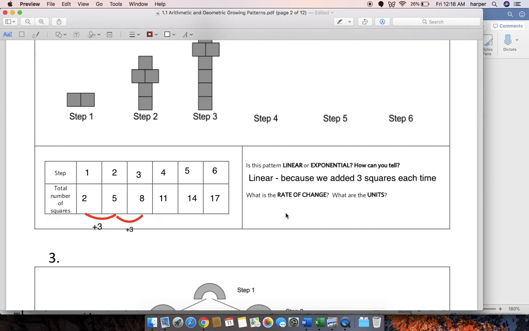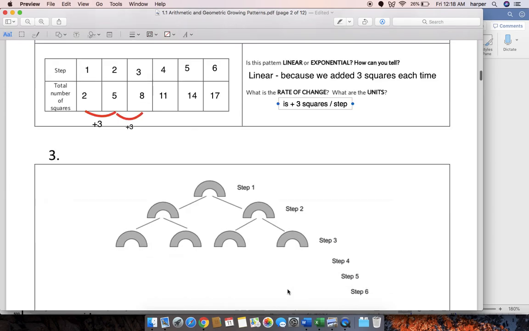Okay, now the rate of change is 3 squares per step. So remember, rate of change is how many, like plus 3 squares each step. We didn't go down.